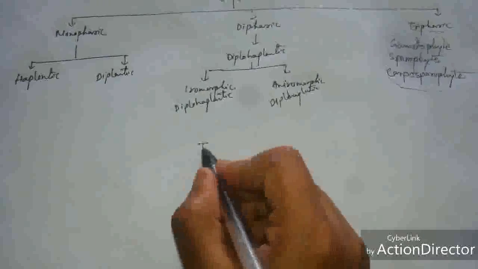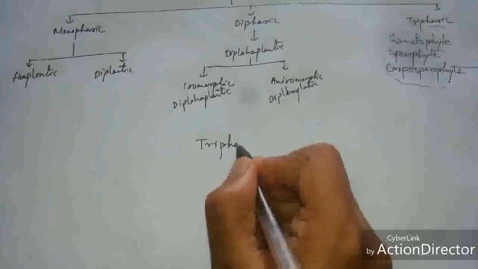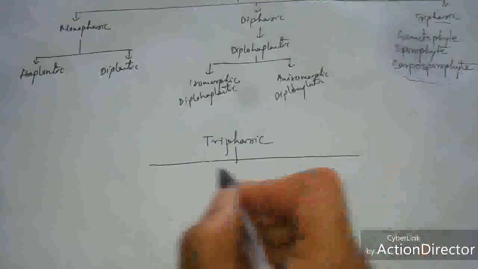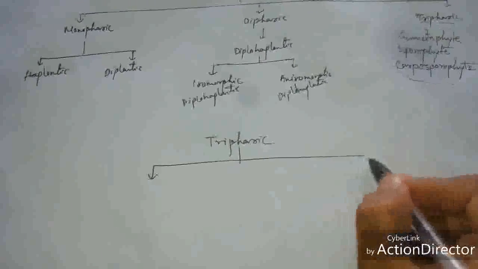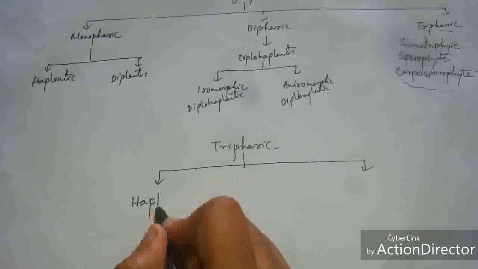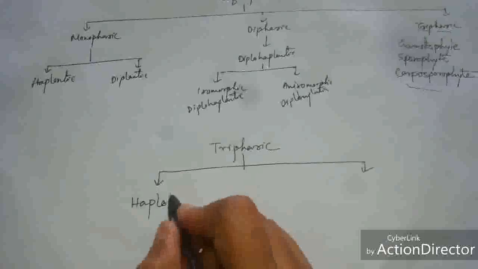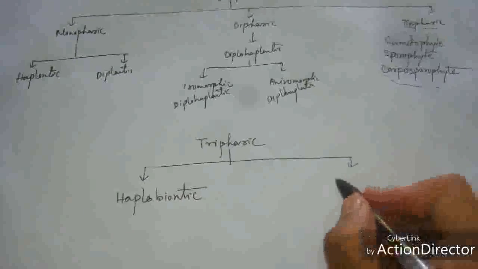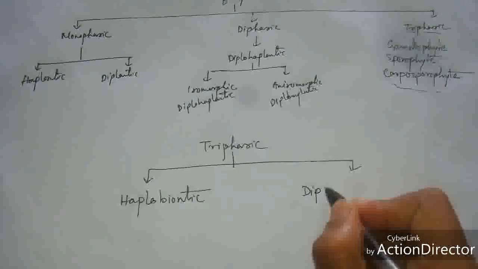Now triphasic is divided into two types. One is haplobiontic and another is diplobiontic.